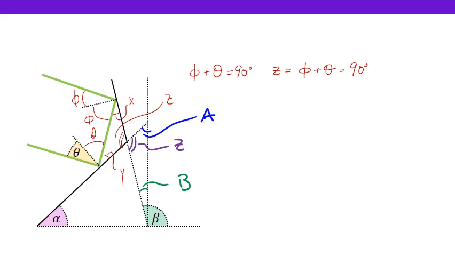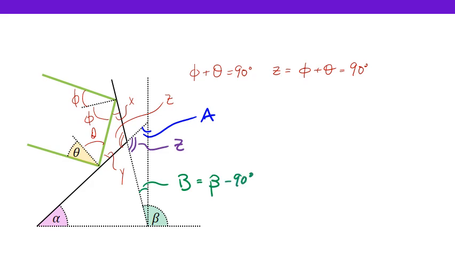Well, what do we know? Let's think about this. I can see another triangle. First of all, B is easy. B is beta minus 90 degrees.